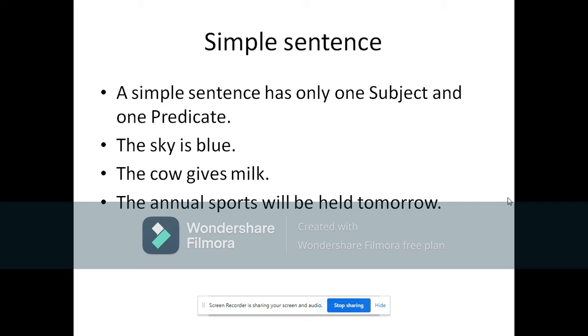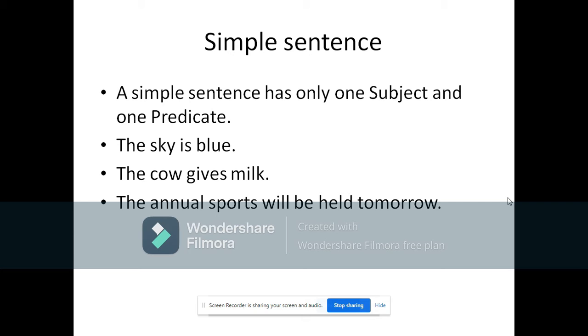The annual sports will be held tomorrow. The annual sports, that is the subject, will be held tomorrow, predicate. Such sentences are called simple sentences.